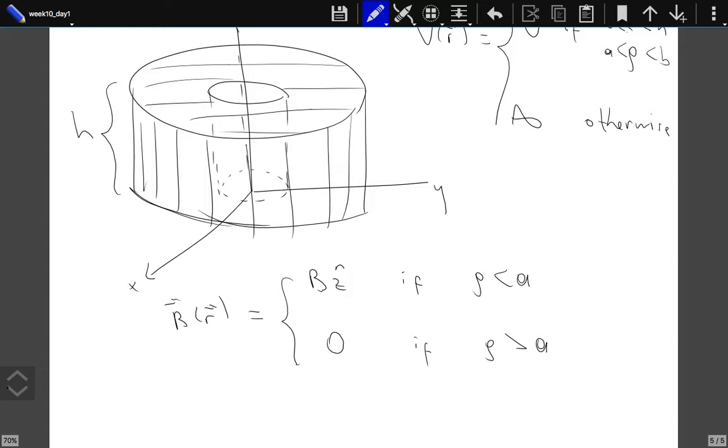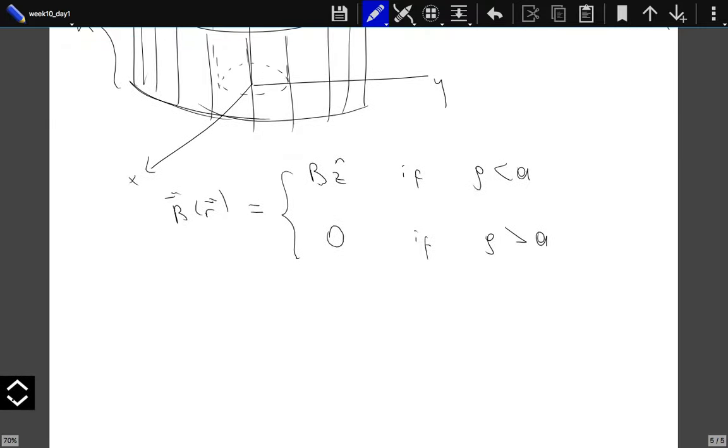So curl of A should be 0 outside. Well, do you know how to solve this problem in electrodynamics? Well, let's see. We have to find a vector potential whose curl is B.